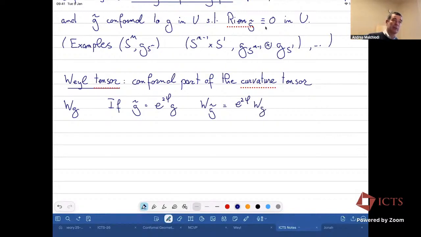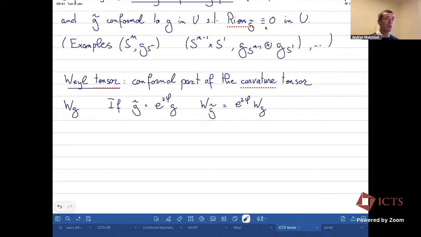Okay, so this is not true for the curvature tensor. If you take the Riemann tensor and you change conformally the metric, then the transformation law is very complicated. It involves derivatives of the conformal factor, while the Weyl tensor transforms nicely in this way, without any derivative of the conformal factor.